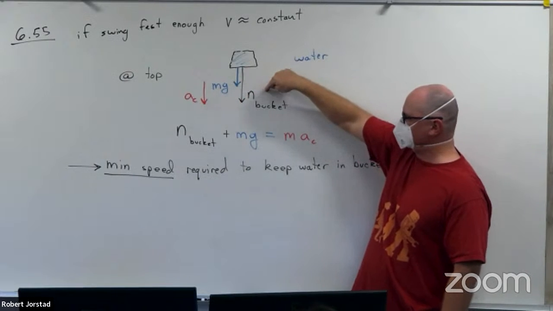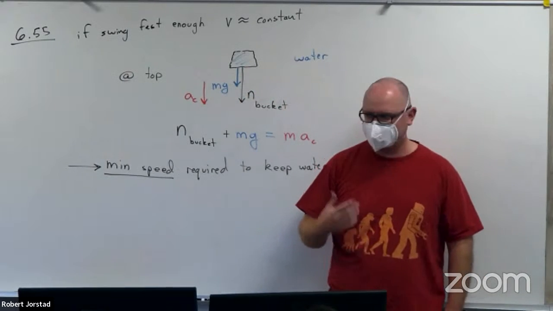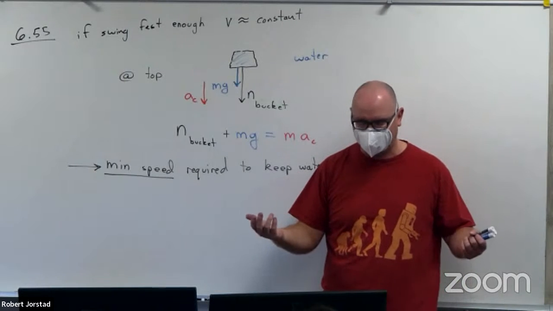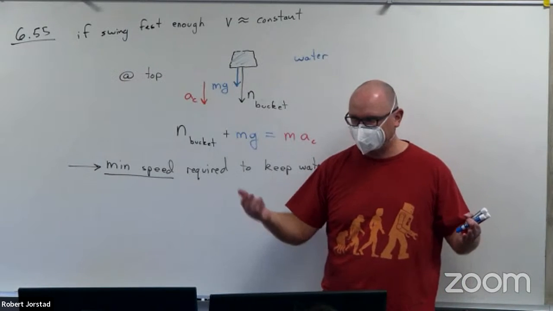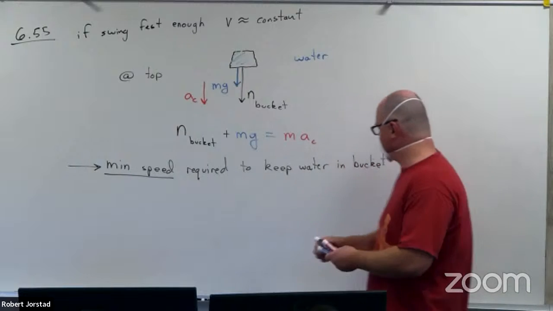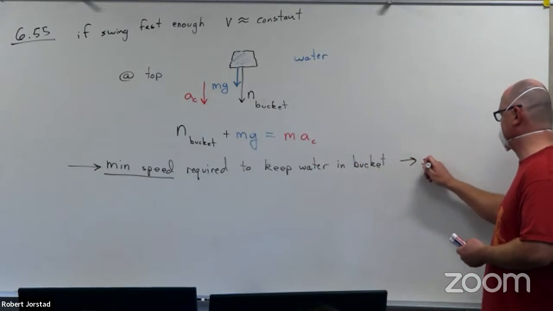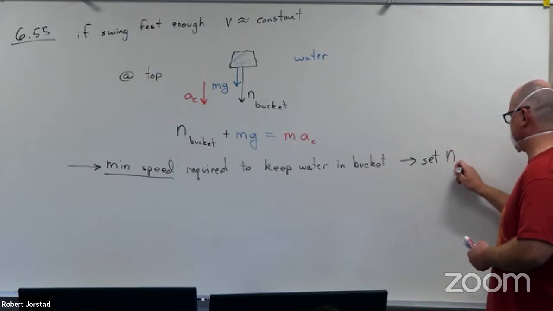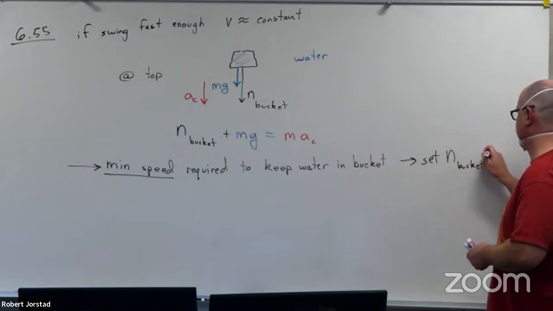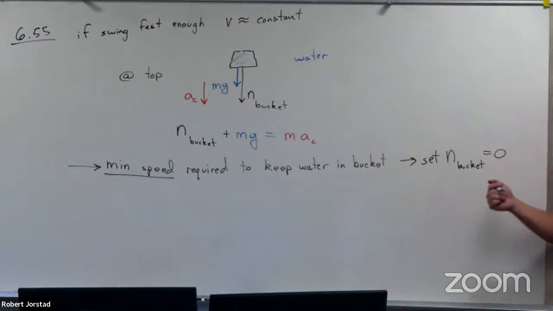If the normal force goes to 0, is the water in contact with the bucket? No, it's falling out. So the trick is, if you see this, I want you to set the normal force to 0. Then we can learn something.